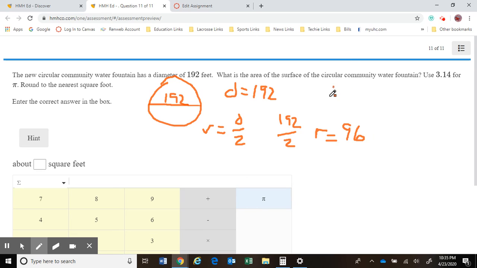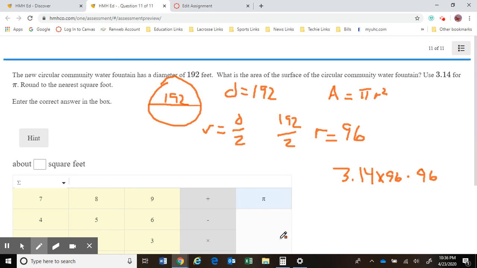Okay, and then of course area is pi r squared. So let's see. So we've got 3.14 times 96 times 96.